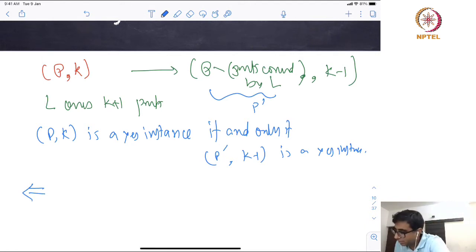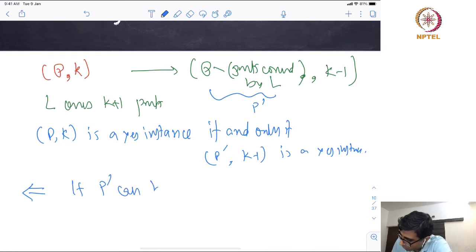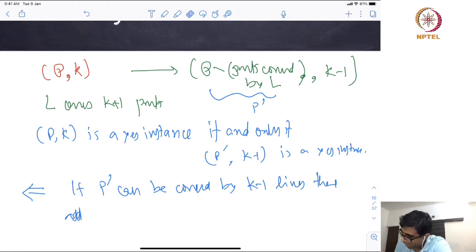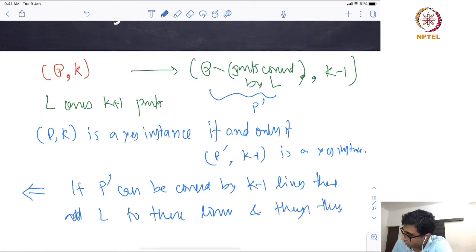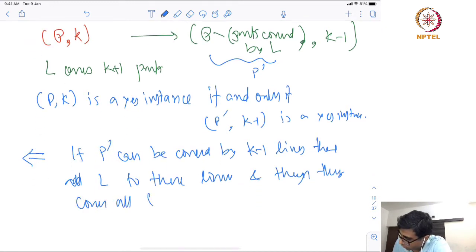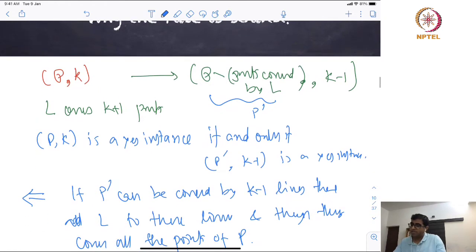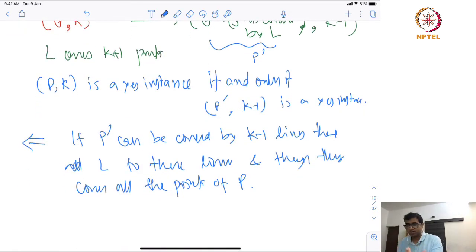Why is the reverse direction trivial? If P prime can be covered by k minus 1 lines, then add L to these lines, and they cover all the points of P, because the only points that P prime does not have belong to this line L. So if you could cover all the points of P prime with k minus 1 lines, you add L to that set of lines.